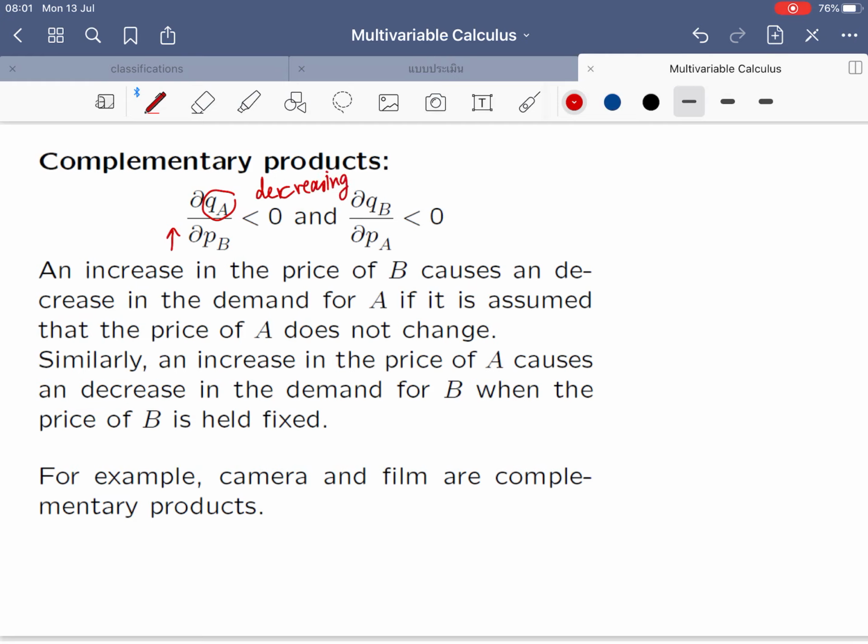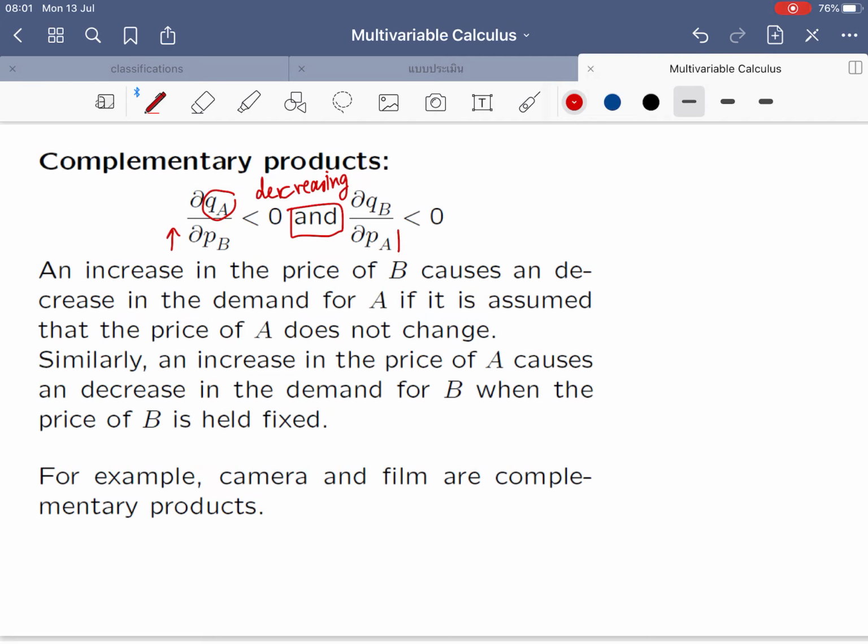So what does this mean? If the price B goes up, people don't buy B, right? But at the same time, people don't buy A as well. And it has to be in both directions. You need to check two conditions.